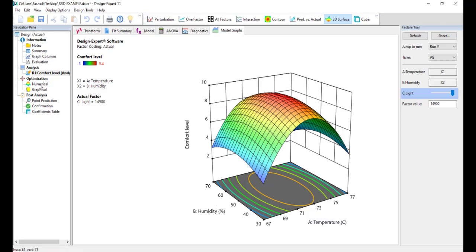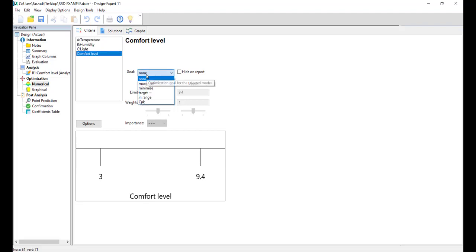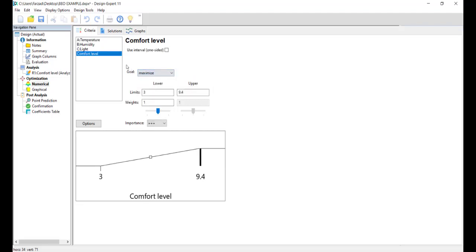Okay, now the next step is the optimization method. Similar to what we had for CCD, here also we can go and select the goal for each one of our factors, we can limit the range, and also for our response, we can select the goal like maximize.